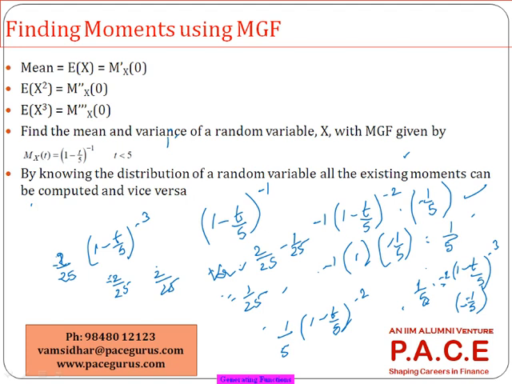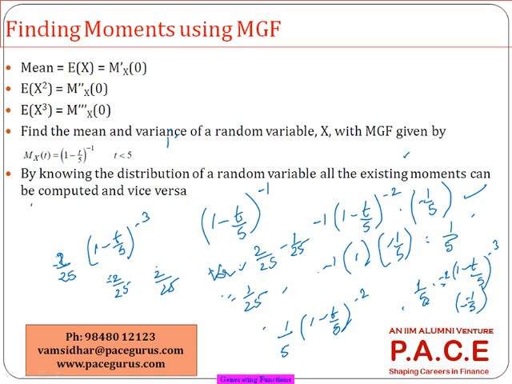Right? And by knowing the moments, you can very well find out the distribution. Here if I am getting the variance and the mean, both of them are the same, then I may say it could be a Poisson distribution. That's the only distribution where the mean and the variance are the same. Right?